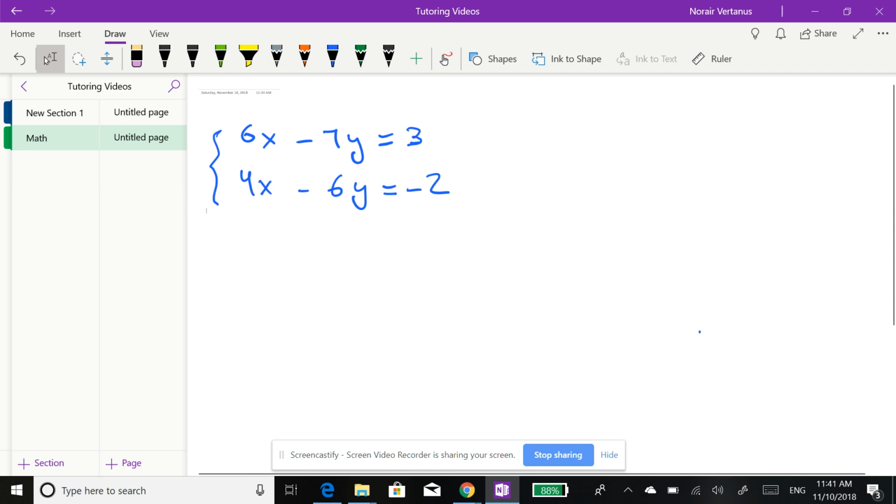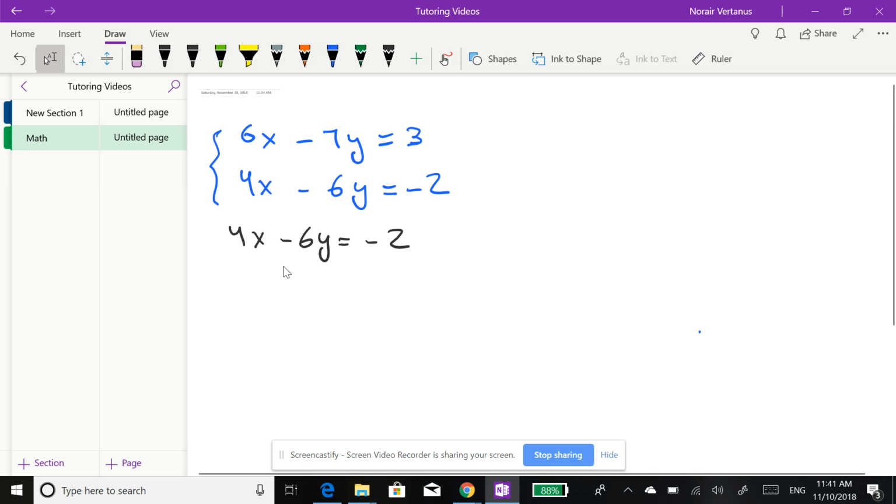Let's say I want to pick this one, 4x minus 6y equal to negative 2, and solve for a random variable. In this case, it doesn't matter. Sometimes one of them is simpler than the other, depending on the number that is multiplied by x or y. In this case, let's say I want to solve for x.